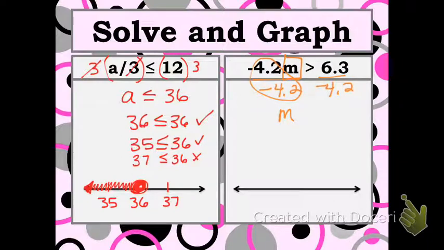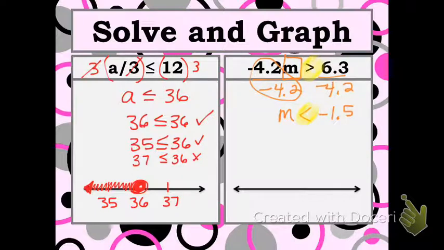On the right, 6.3 divided by negative 4.2 is negative 1.5. In this problem, I did multiply or divide by a negative. I divided by a negative, so I must switch the inequality. It was a greater than, it is now a less than.